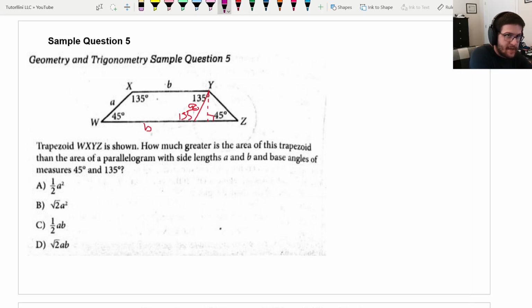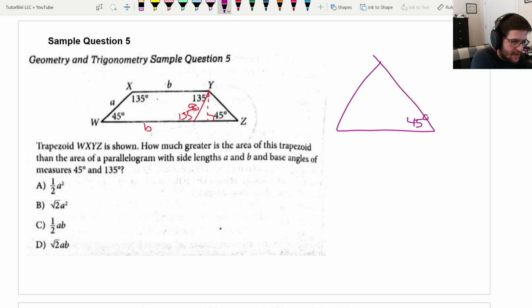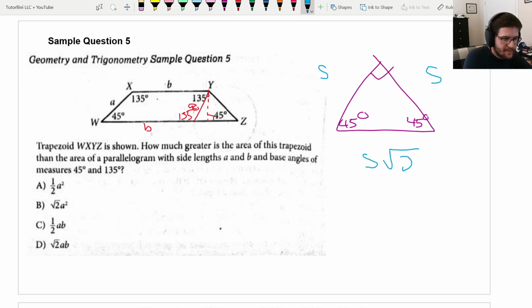And then 180 minus 135 is 45. So this triangle is a 45, 45, and then 180 minus that would give us 90. So right away, this is on the reference sheet, S root 2, and in my special right triangle video. So now if we can just figure out one of those sides, we're in business.